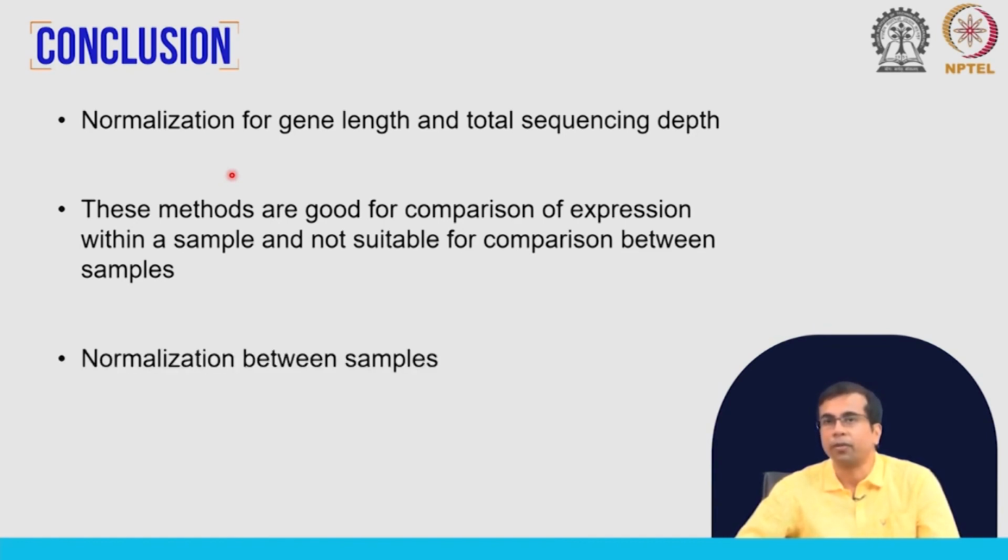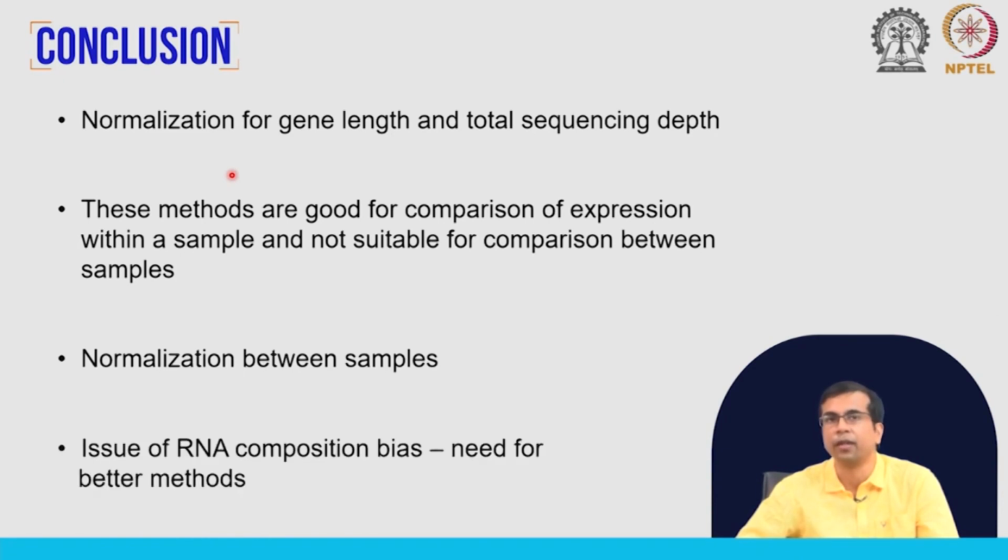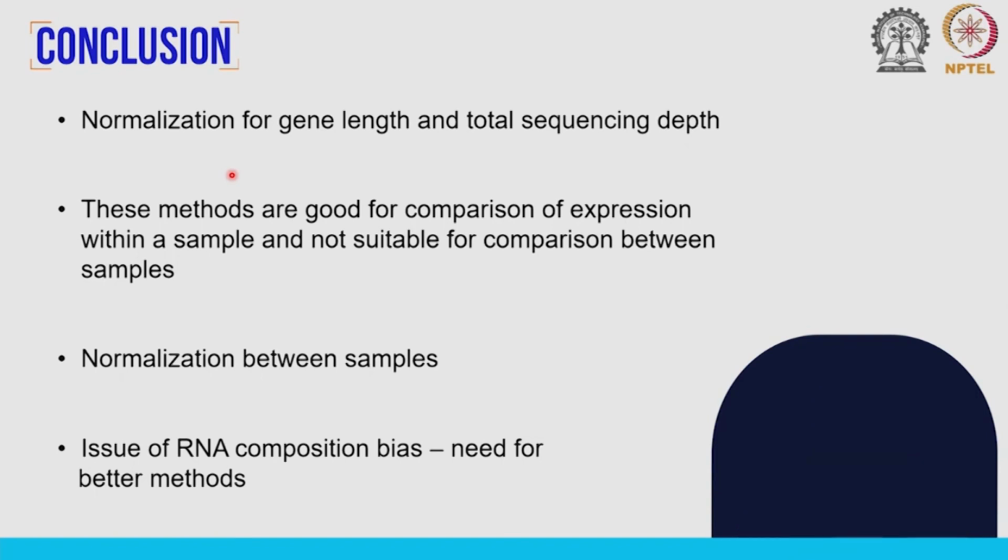Then we have talked about normalization between samples, also median normalization and UQ normalization. These are only two methods that we have discussed, but they have not addressed some of the issues that are still remaining, and that is why we need better methods, which we will talk about in the next class. Thank you.